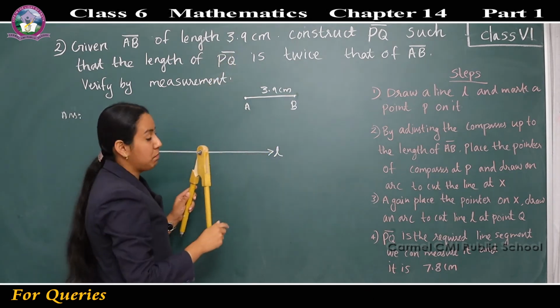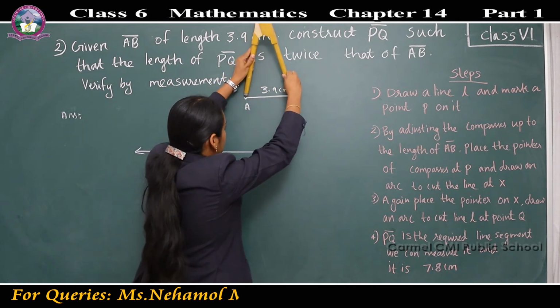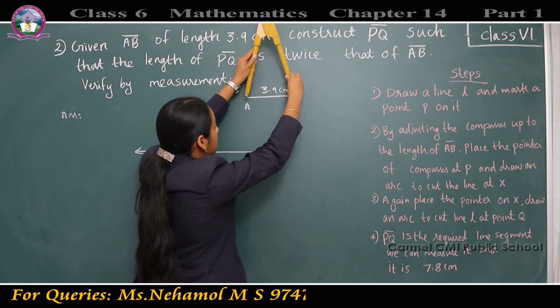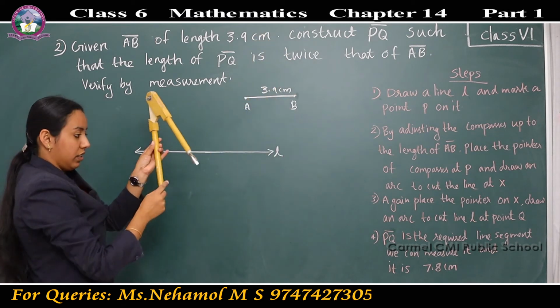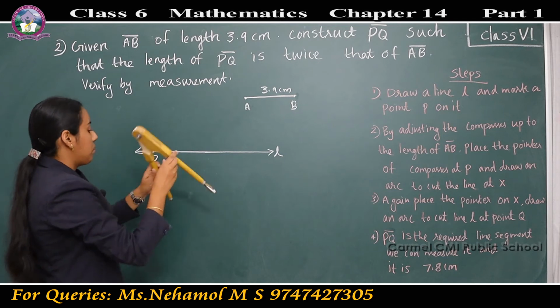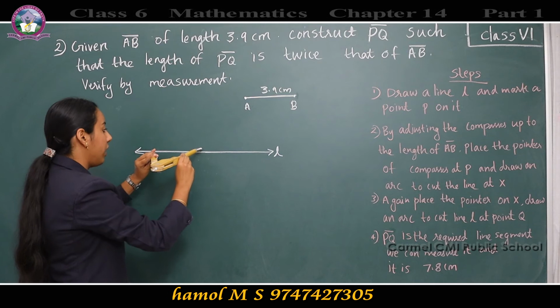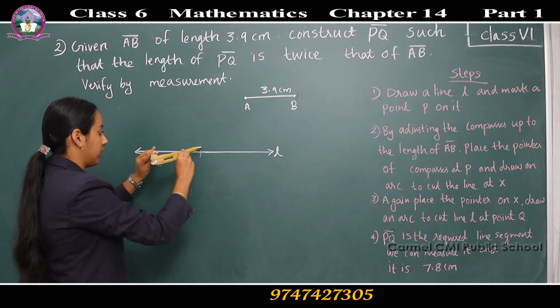AB is given 3.9 centimeter. So, by adjusting the compass up to the length of AB, now this is also 3.9 centimeter. Place the pointer of the compass at P and draw an arc.